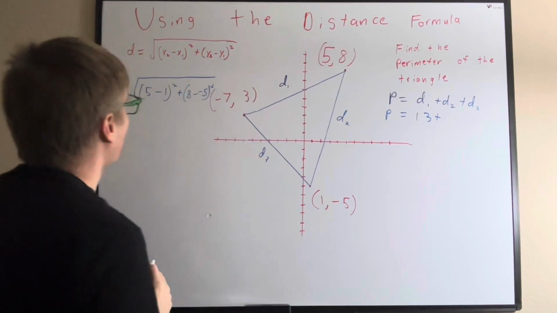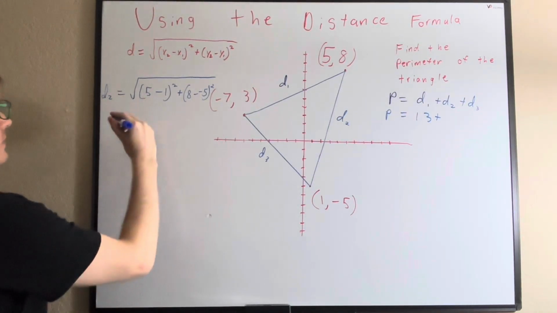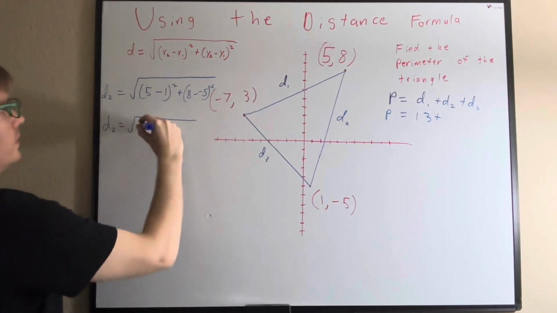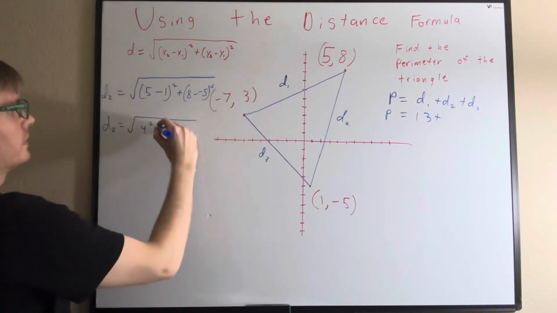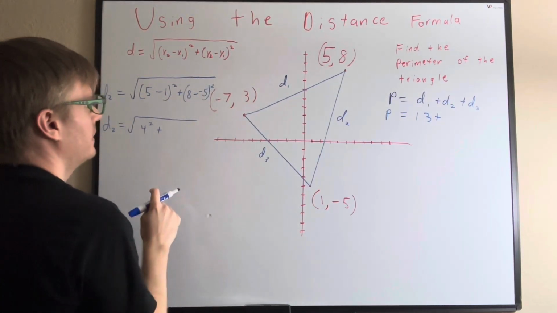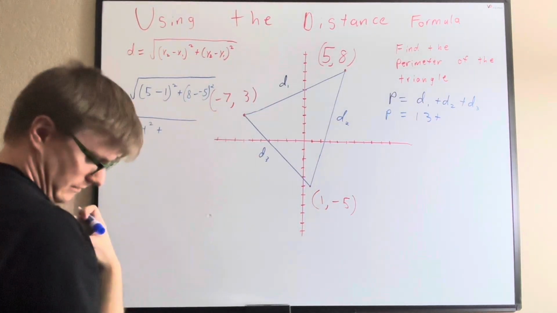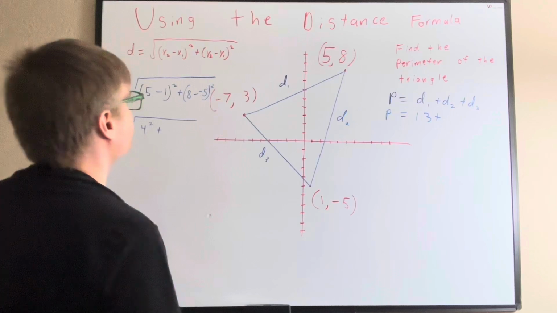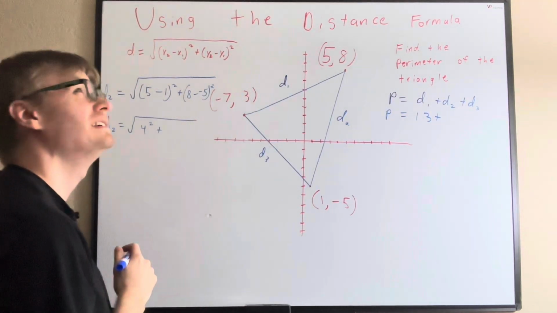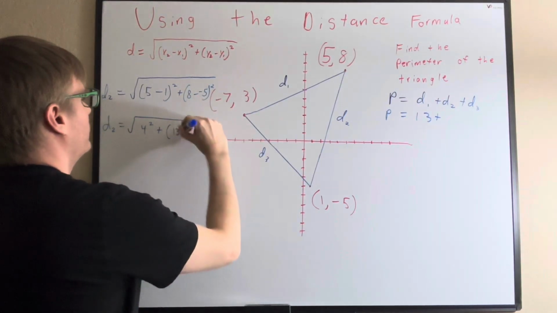Okay. Parentheses again. 5 minus 1 is 4. 4 squared plus 8 minus a negative 5. Double negative is a positive. At least in math it is. So 8 plus 5, 13. Yeah. 13 squared.